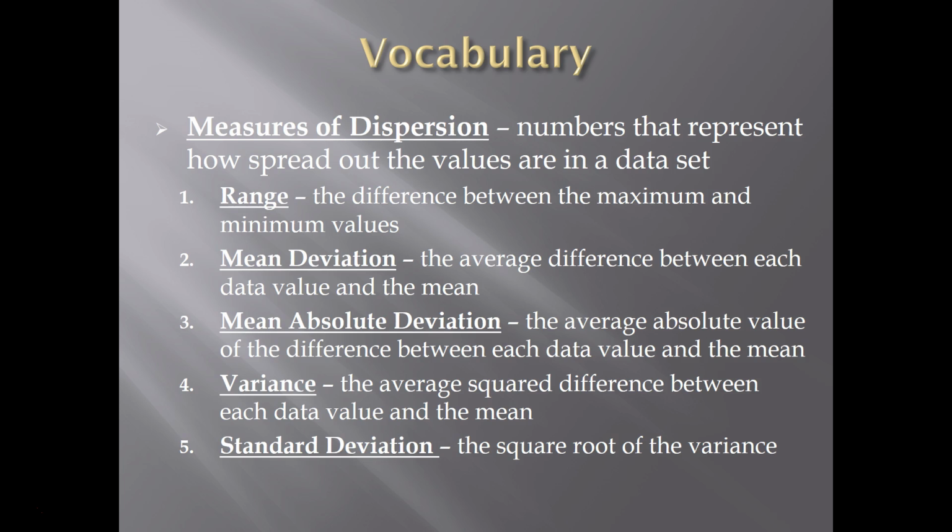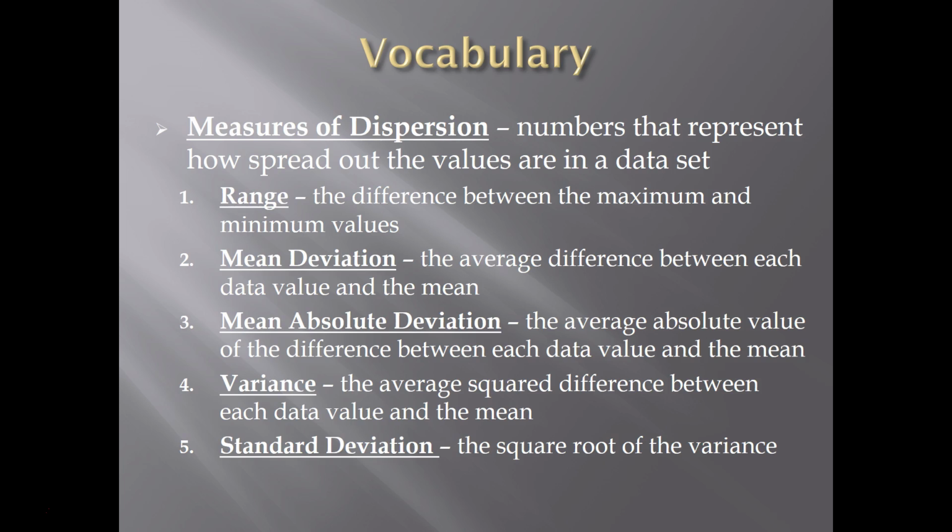Alright, so moving along with a little bit of vocabulary. This section really deals with measures of dispersion. Let's first start with talking about the difference between these measures of dispersion and the previous ones that we talked about back in section 1-1, which were your measures of central tendency.